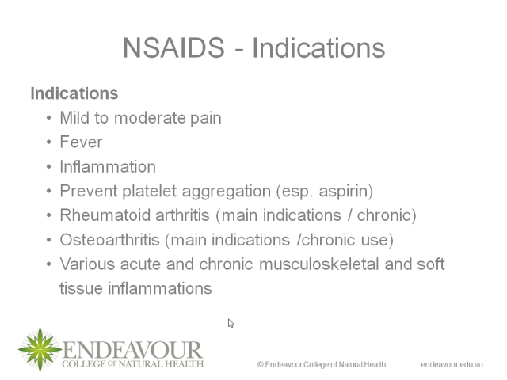Osteoarthritis, once again, is a main indication for the use of nonsteroidal anti-inflammatories. Once again, it is chronic use of these drugs to treat a chronic illness. And there are various acute and chronic musculoskeletal and soft tissue inflammations for which they will be indicated.